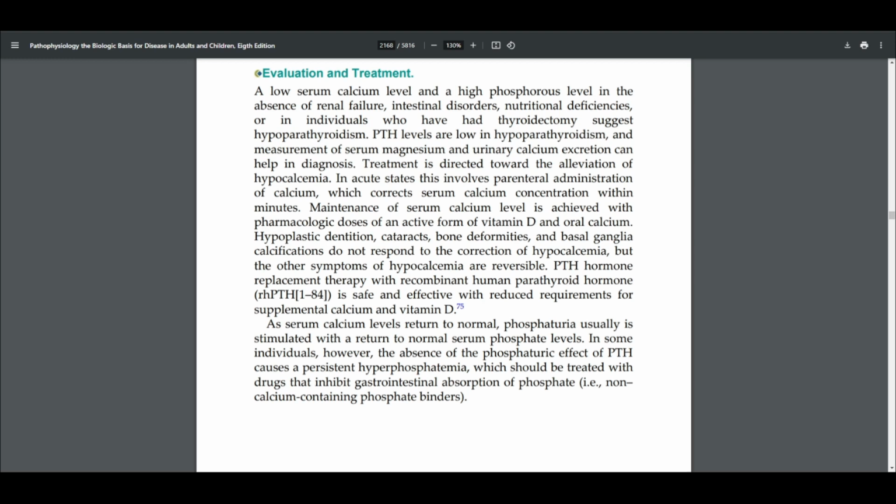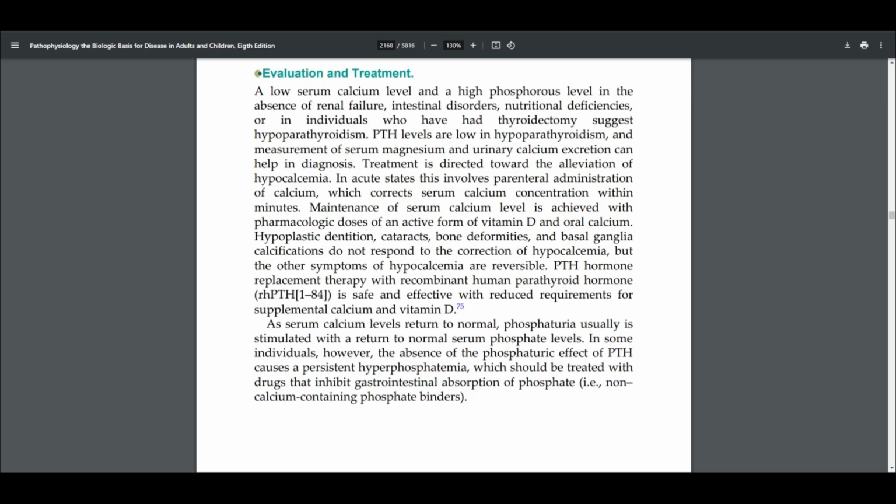Treatment is directed towards the alleviation of hypocalcemia. In acute states, this involves parenteral administration of calcium, which corrects serum calcium concentration within minutes. Maintenance of serum calcium level is achieved with pharmacologic doses of the active form of vitamin D and oral calcium.